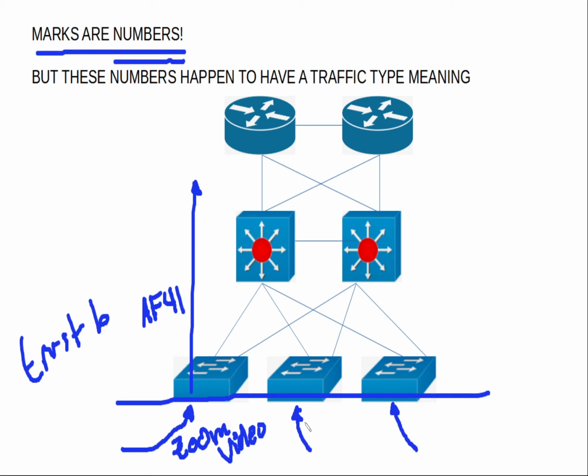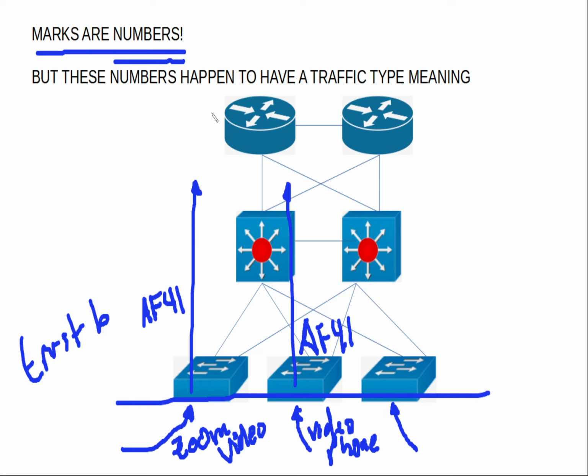Then this packet might arrive here and it can come, for instance, from a video phone. So we might say that it is allowed video traffic for our corporate and enterprise policies, and we can mark it with AF41 too.